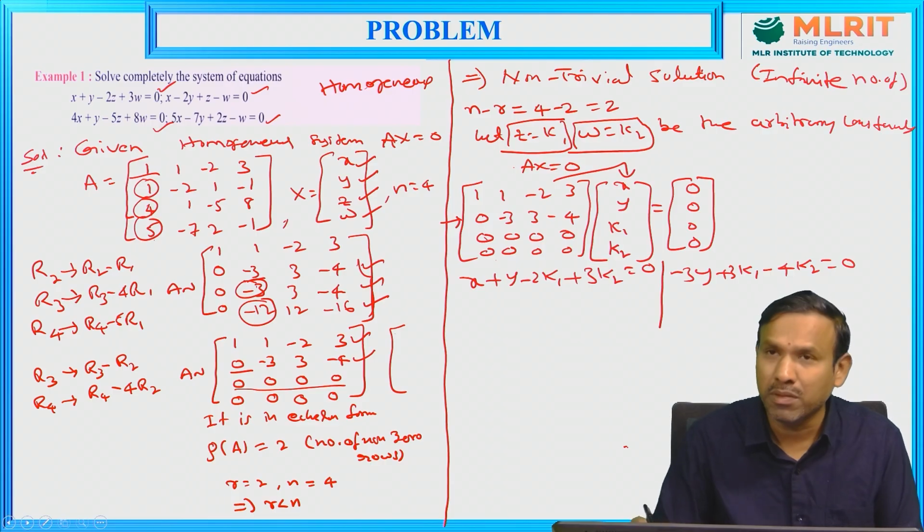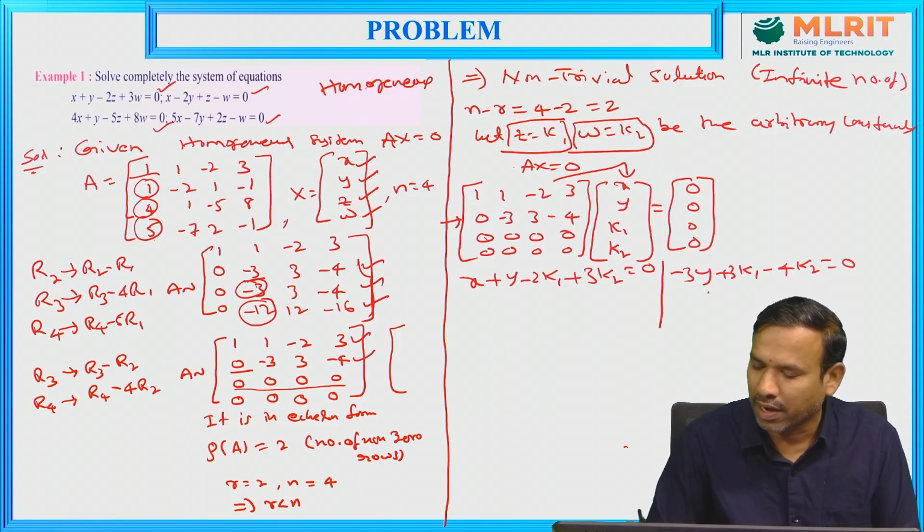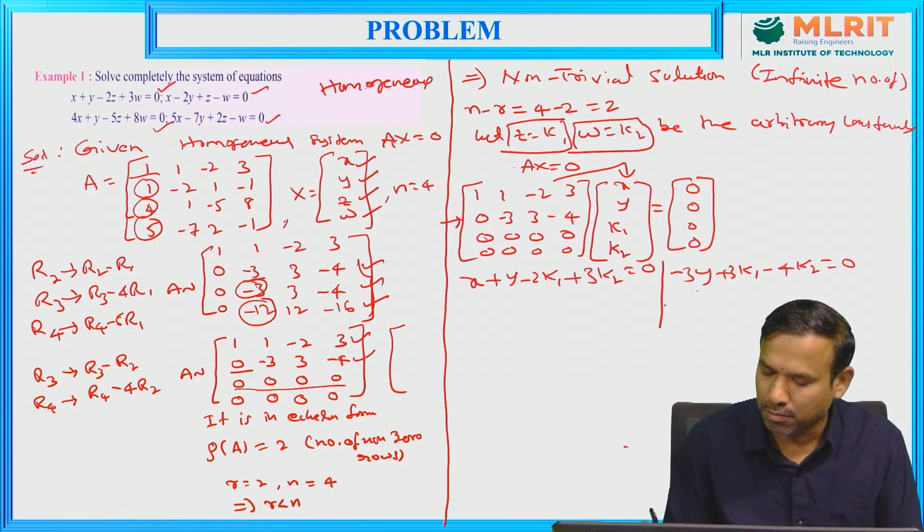So from this equation we can directly write y. Minus 3y is equal to, so here I am writing minus 3y.